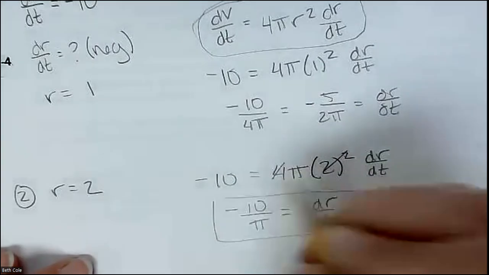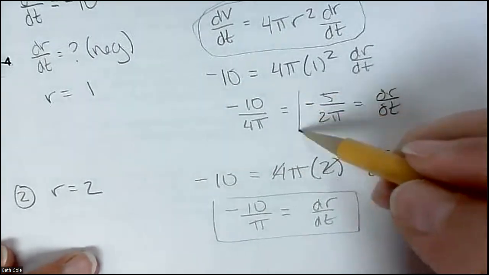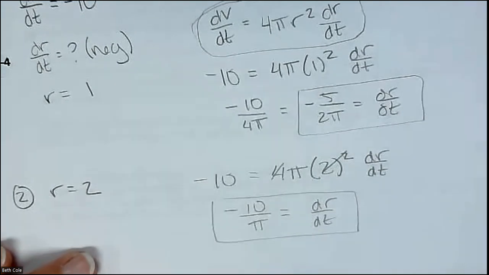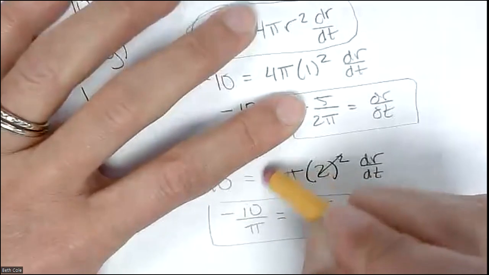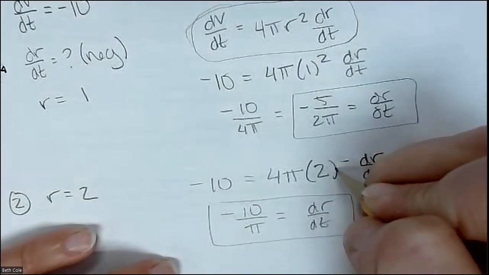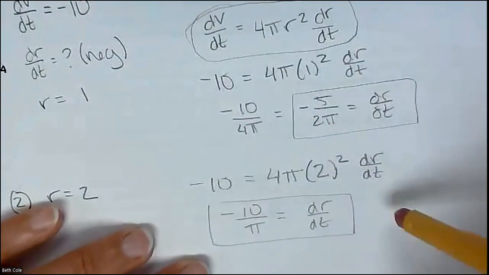So go find that on your answers list. What letter is -10 over pi? Or did we make a mistake? Oh, I can't. Yeah, I'm sorry. I canceled them out. They don't cancel at all. It would be 4 times 4. I'm sorry. So hold on 1 second.